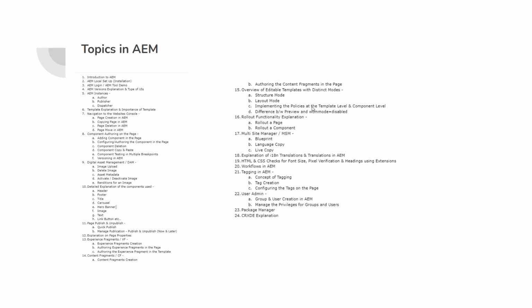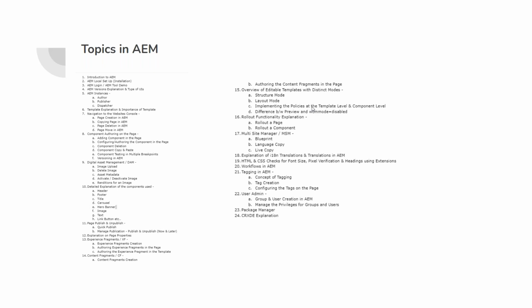And after that, user admin. When you say user admin, every user that is using AEM will not have the same kind of permissions. If you're a tester, you'll have different roles, and if you're an author, you'll have different roles. If you're a developer, you'll have different roles, and if you're a scrum master or a business analyst, you'll have different roles.